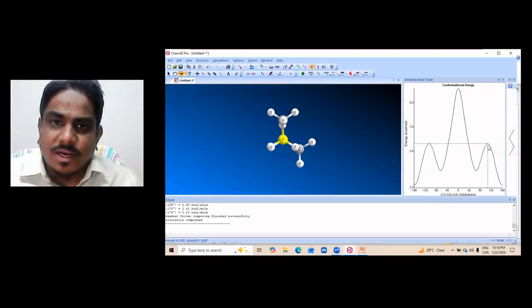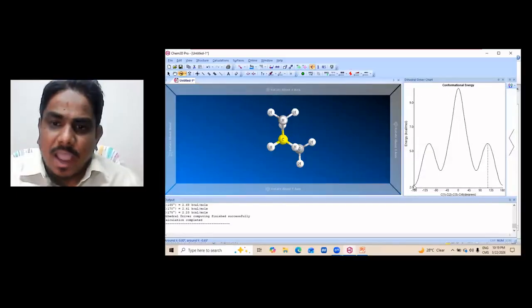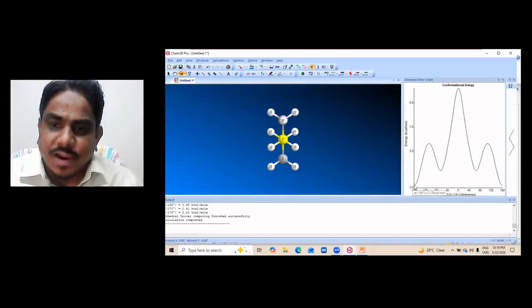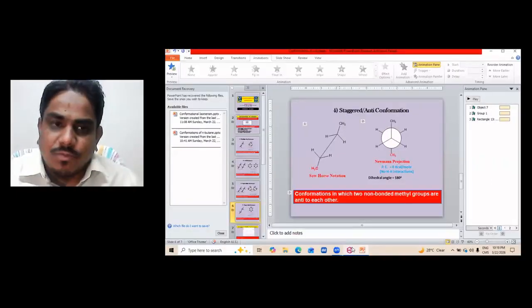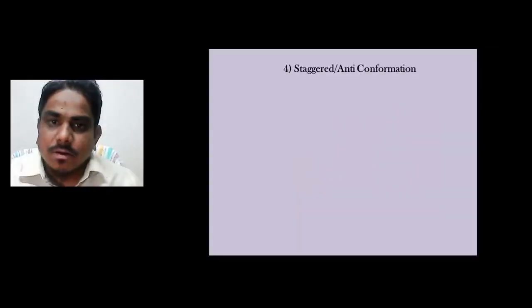At 240 degrees dihedral angle, we observe the partial eclipse conformation, and at 180 degrees, we observe the staggered conformation of n-butane. So n-butane shows four types of conformation: the fully eclipse conformation or syn conformation, Gauche conformation, partially eclipse conformation, and last is the staggered or the anti-conformation.